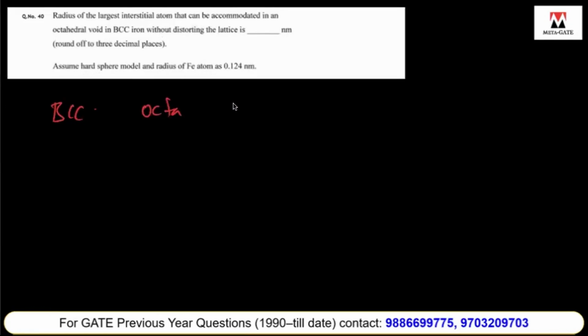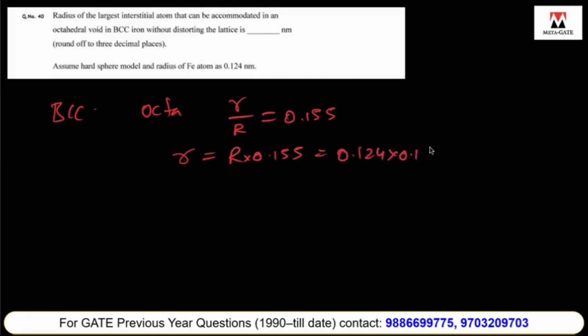In an octahedral void, r by R is 0.155 for a BCC. So it is 0.124 into 0.155. This is nearly equal to 0.56.